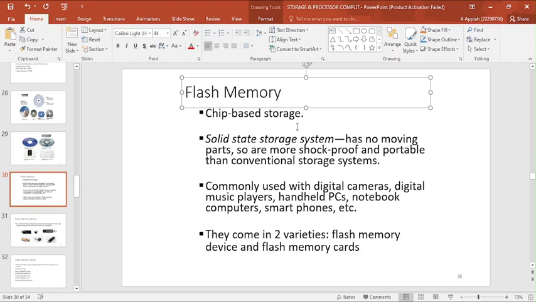It's in the form of a chip, very small size. It's also termed as a solid state storage system. Some will also call it SSD, solid state drive.